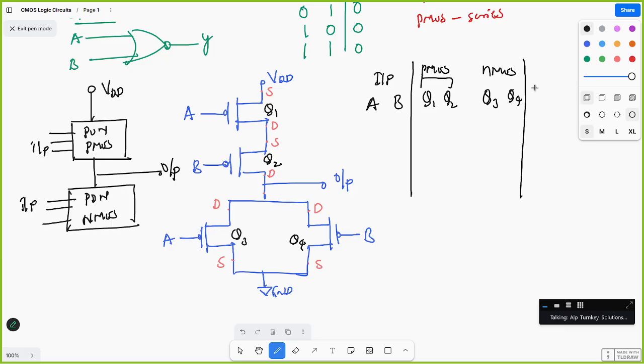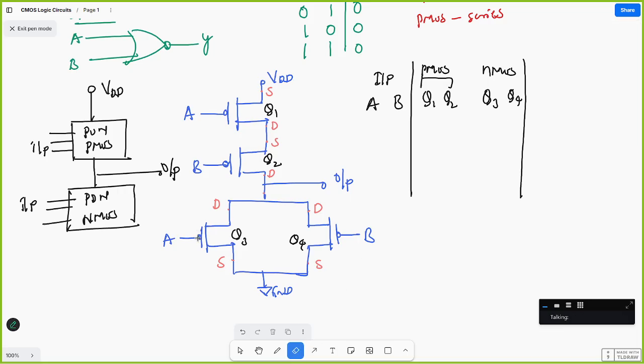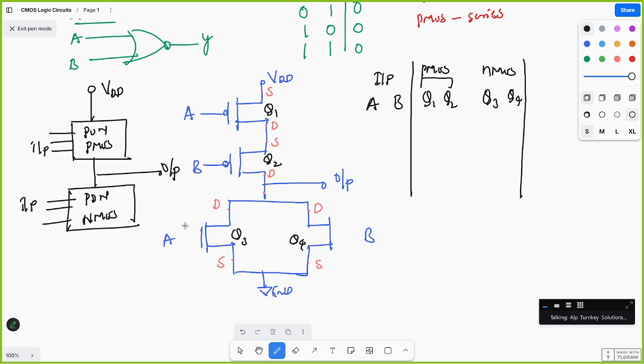Oh, sorry, NMOS has no bubbles. Thank you. NMOS no bubbles. Now, this is the output Y.